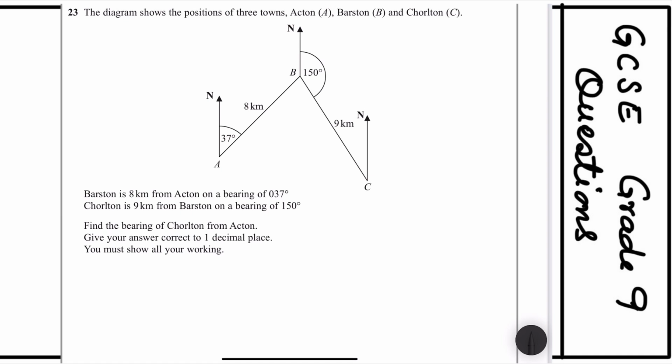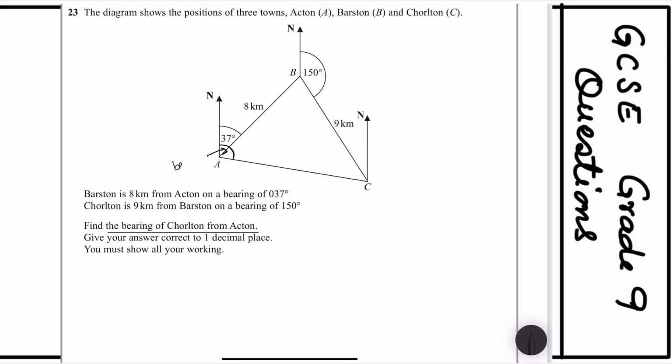The next question is about bearings. So we need to work out the bearing of Charlton from Octon here. So join A and C. So the bearing is the bearing of C from A. So from the north at A until you reach the line C, that is the complete bearing.